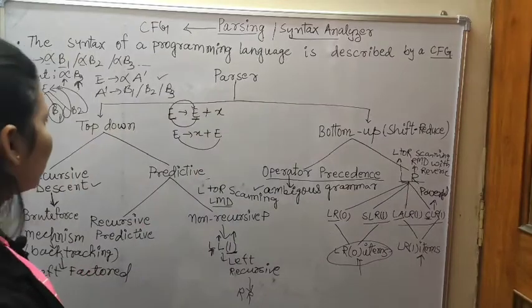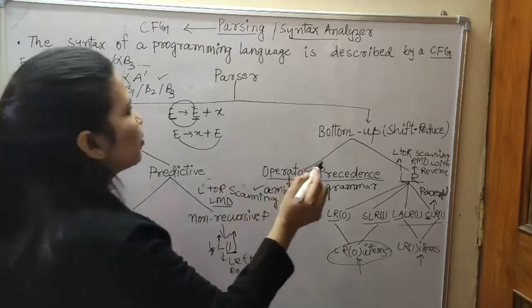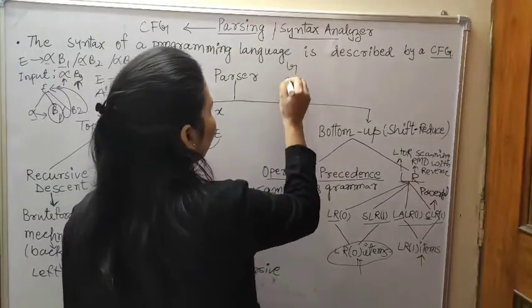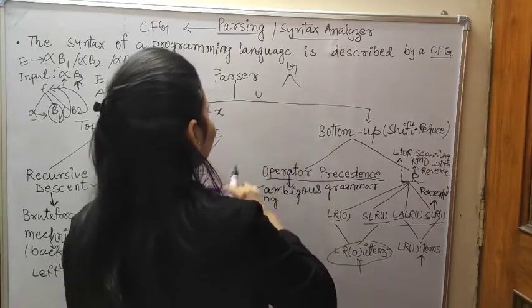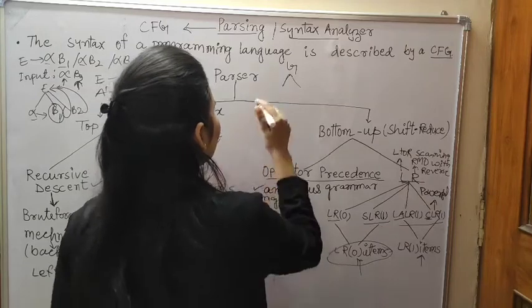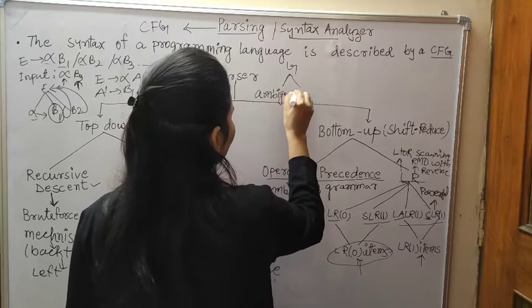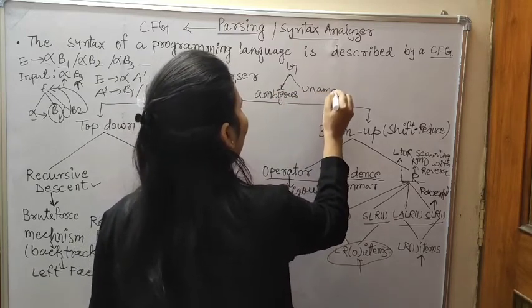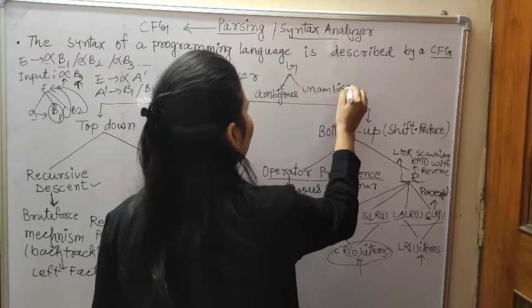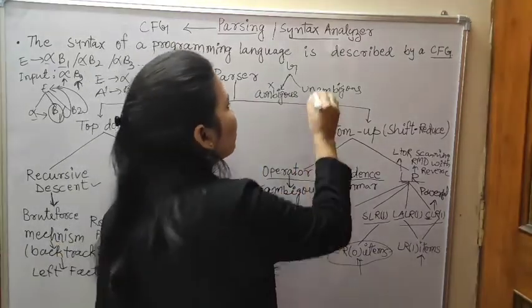So these are the parser types, and we will see the parsers one by one. Always remember that a grammar is either ambiguous or unambiguous. Ambiguous is wrong, unambiguous is correct.